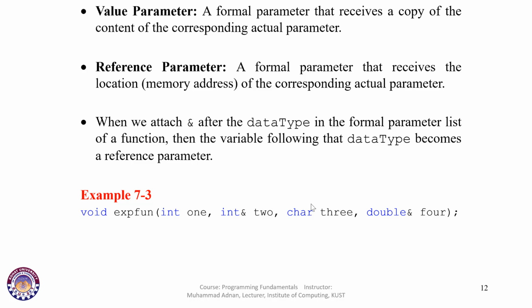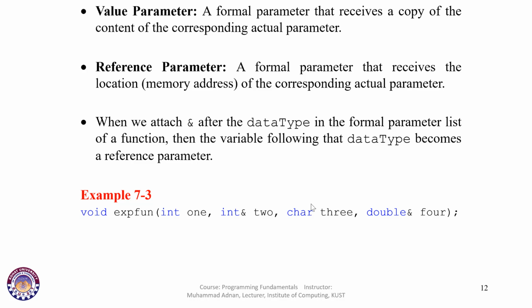So what are value parameters? A value parameter is a formal parameter that receives a copy of the content of the corresponding actual parameter. And a reference parameter is a formal parameter that receives the location, the memory address, of the corresponding actual parameter.